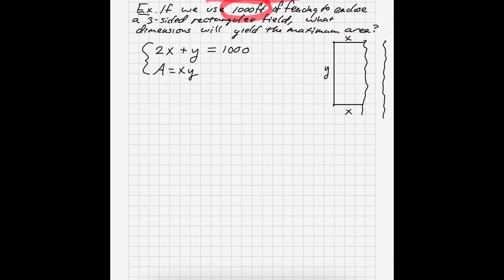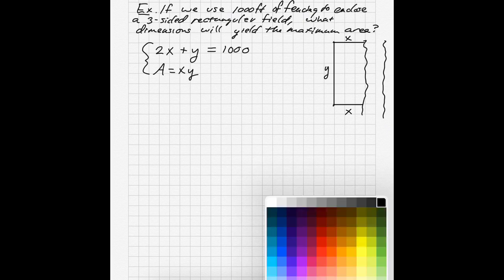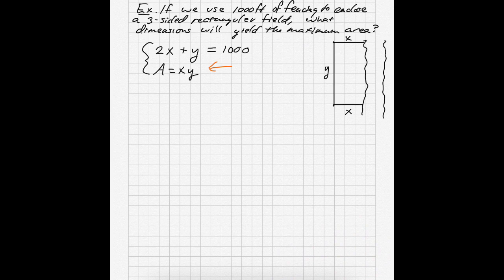So my goal, let me clean this up a little bit here, my goal is to maximize this area equation, but right now it has two unknowns. So what I'm going to do is solve my top equation for y.